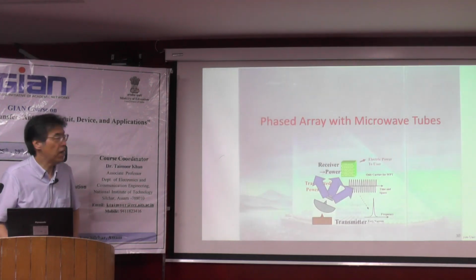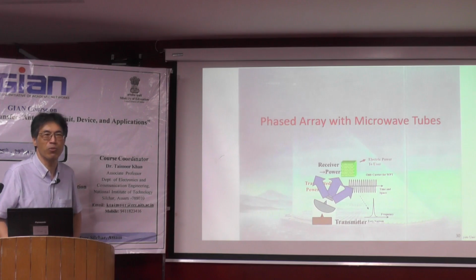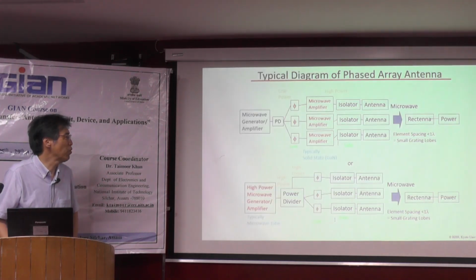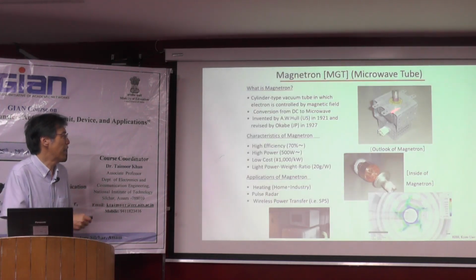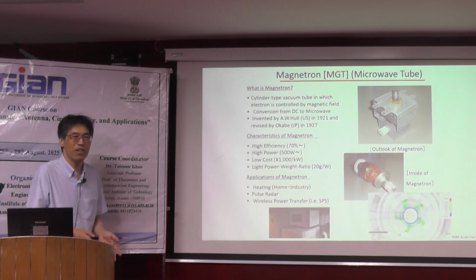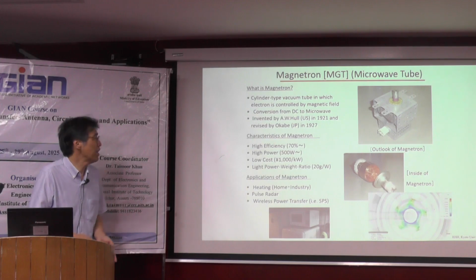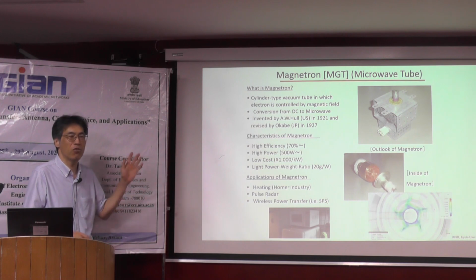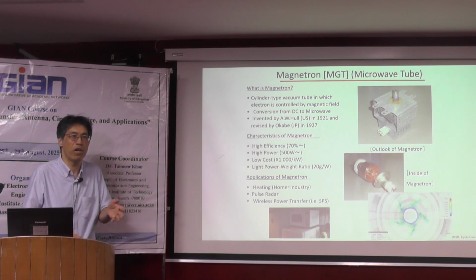From here, I'd like to introduce another way to develop the phased array with low cost, with the help of microwave tubes. Of course, some of you may not know what a microwave tube is. A microwave tube is a vacuum tube to generate the microwave itself, and there are some kinds of microwave tubes. The magnetron is usually applied in your house, in the microwave oven.